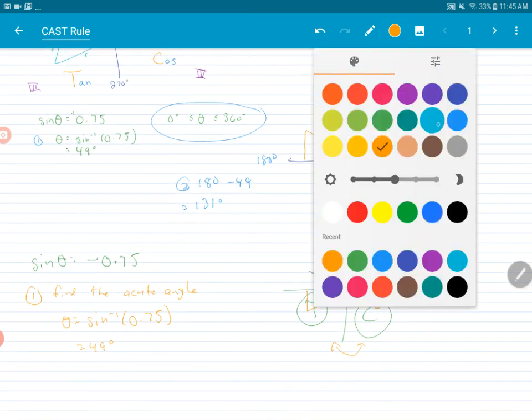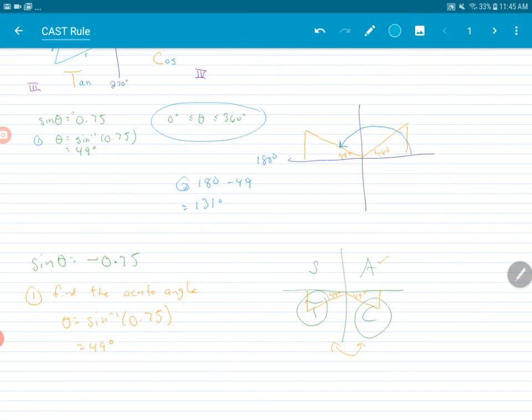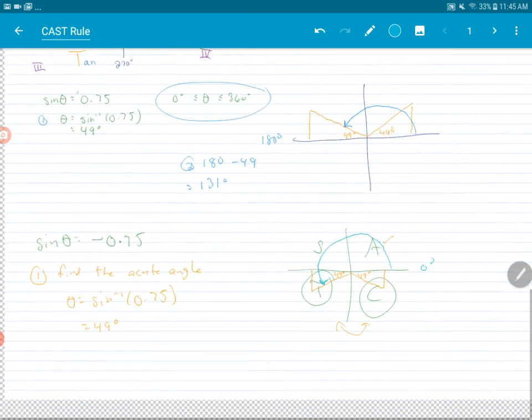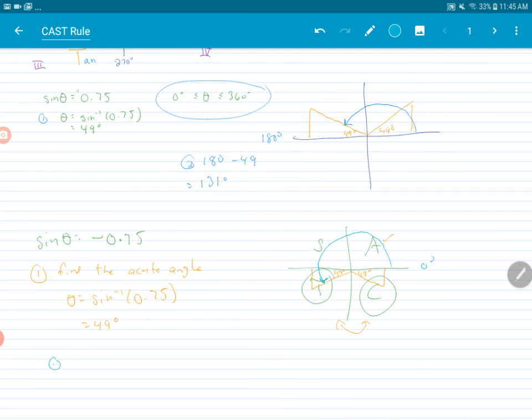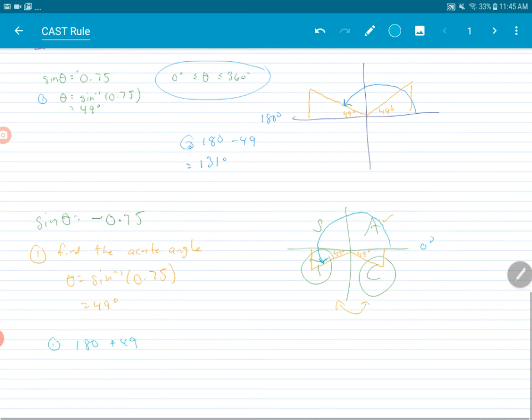So to find our first angle here, we would start from 0 degrees. We'd go past 90, past 180, and we just went 49 degrees past 180. So for angle number 1, I would say 180 degrees plus 49. And when we do that, we get 229 degrees. Makes sense.